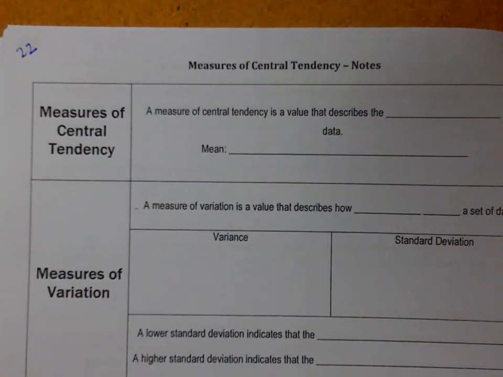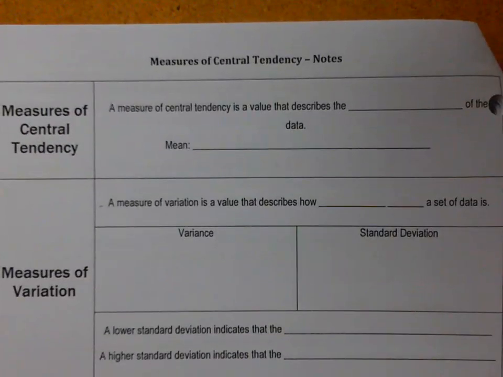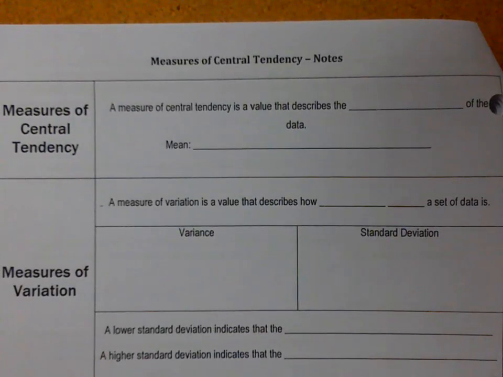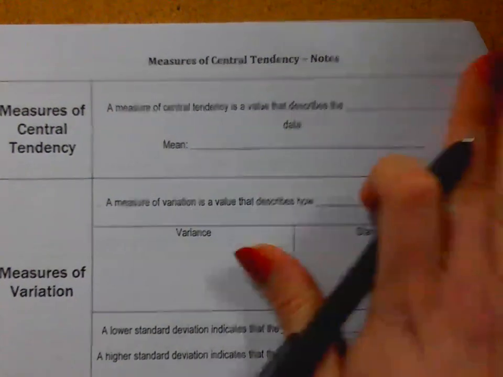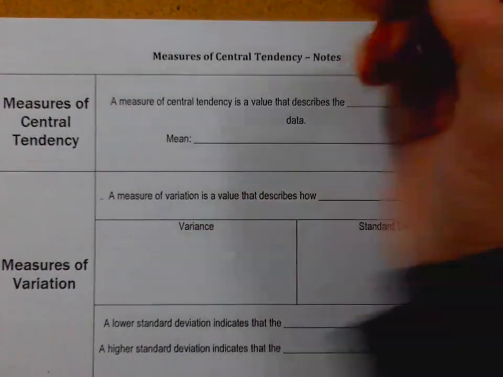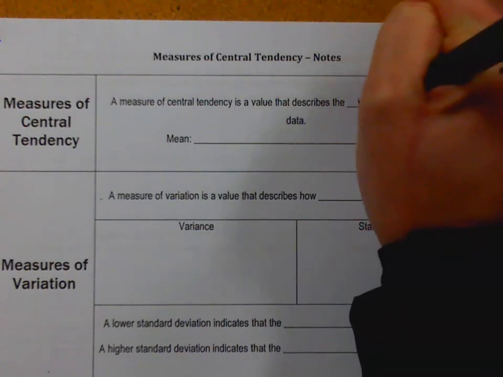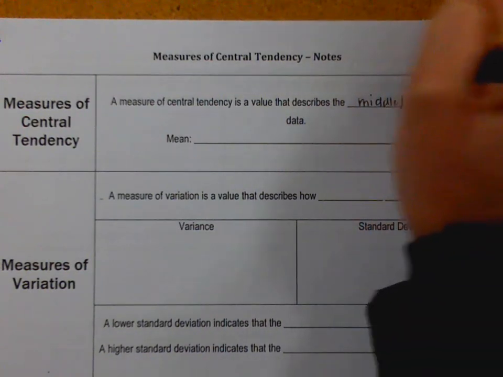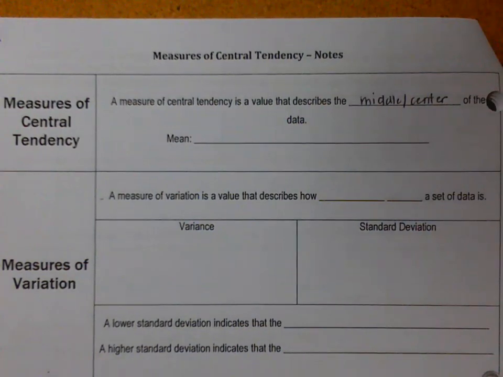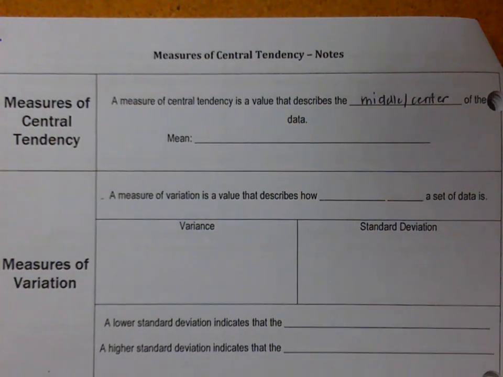Measures of central tendency is something that you are very familiar with. A measure of central tendency is a value that describes the middle or the center of the data. One of our most common measures of central tendency is the mean.